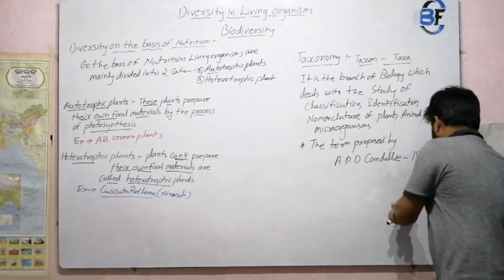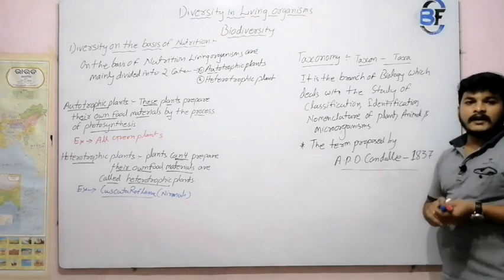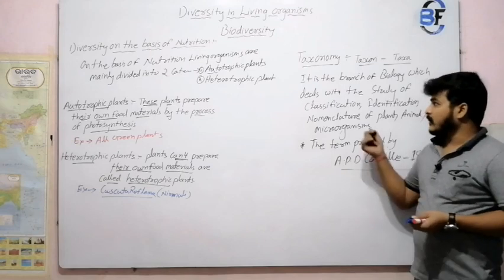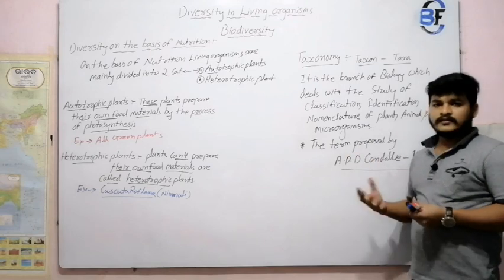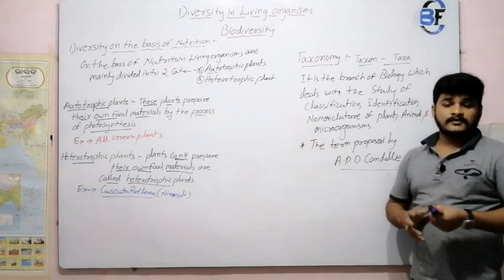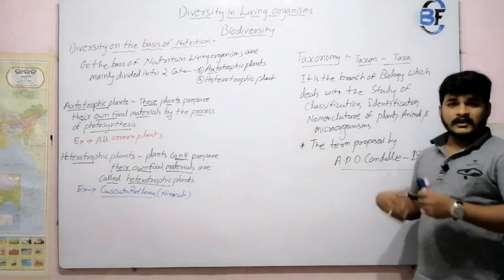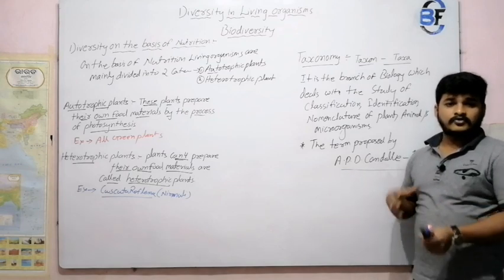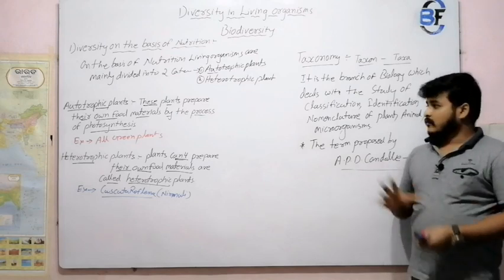It is also one of the important terms, so just remember it. According to his law and order, the nomenclature was developed, that means botanical names and zoological names are also derived. It is a universal naming system which is derived from taxonomy.